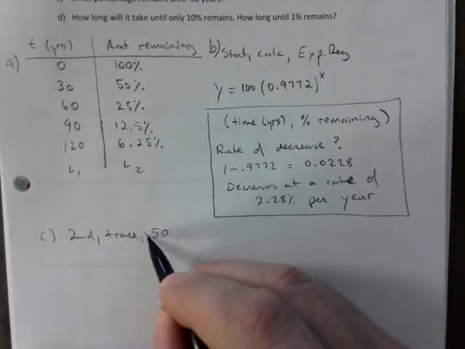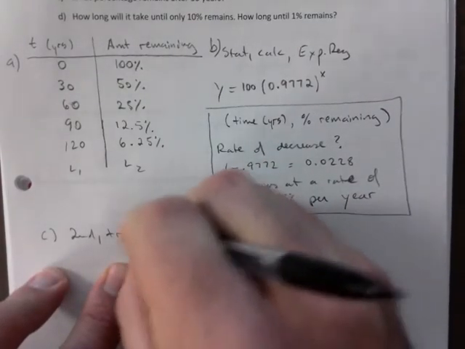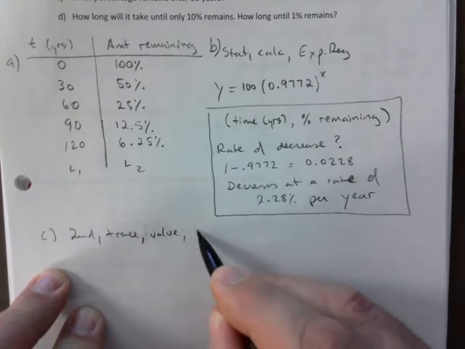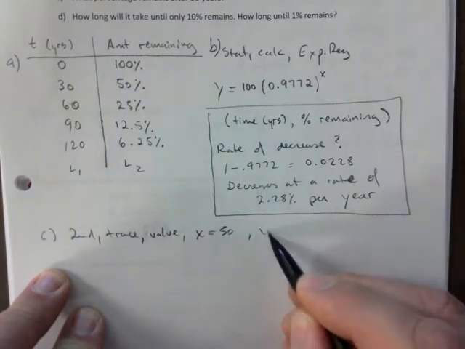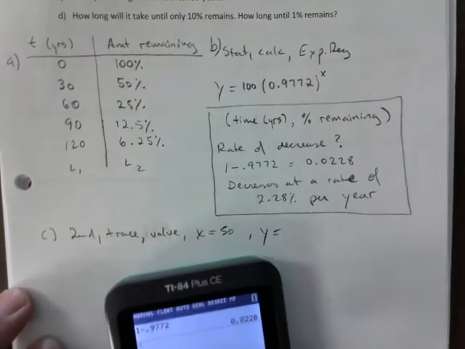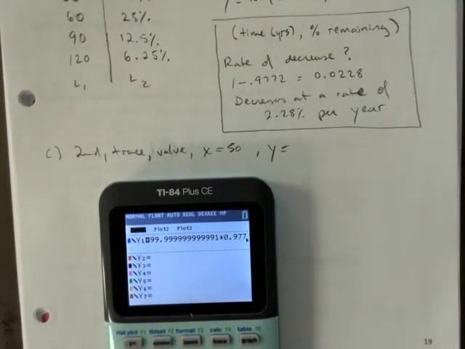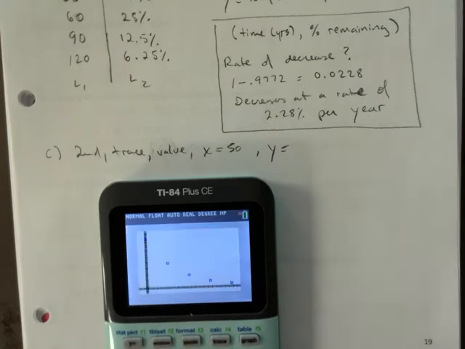Sorry, x is equal to, back up. Okay, second trace value, x is equal to 50. Y is going to be equal to, and I haven't even graphed mine yet. If you want to use zoom 9, make sure you go to turn on plot 1 and then zoom 9, and there it is.